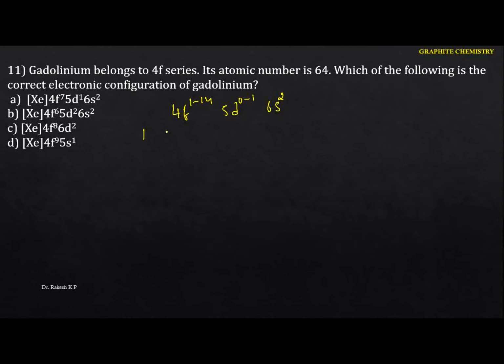The total electrons we can fill up for the f orbital is 14, that means 1, 2, 3, 4, 5, 6, 7, 8, 9, 10, 11, 12, 13, 14. While writing the electronic configuration for the filling of electrons into f, don't add 2 as well as 8.